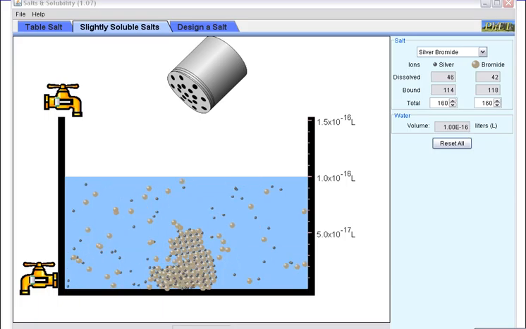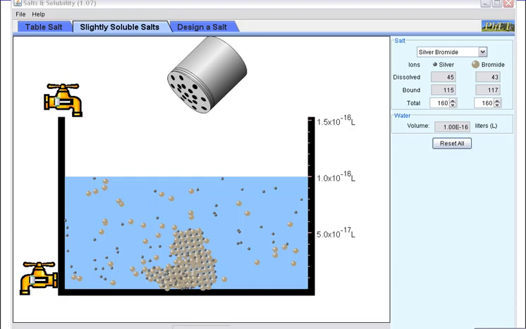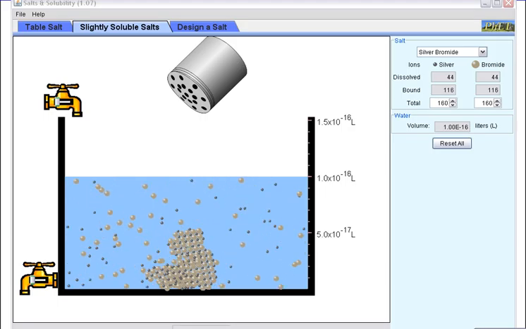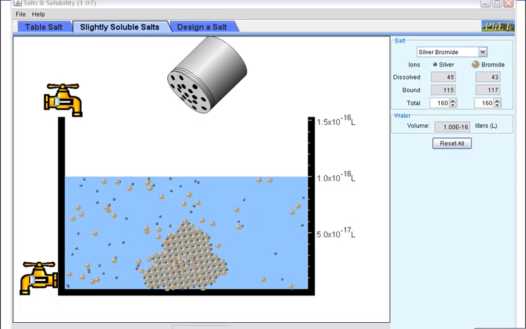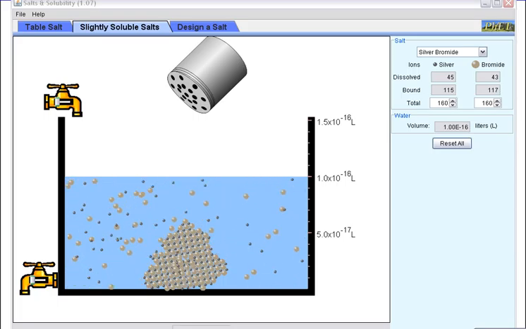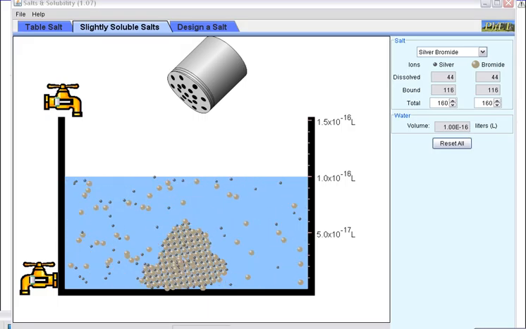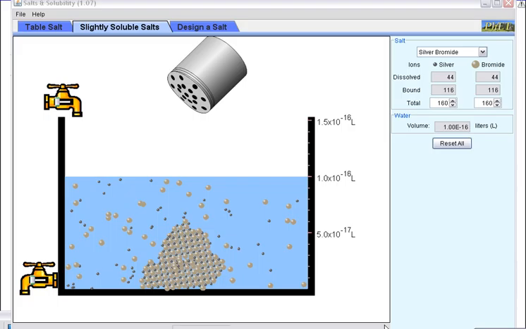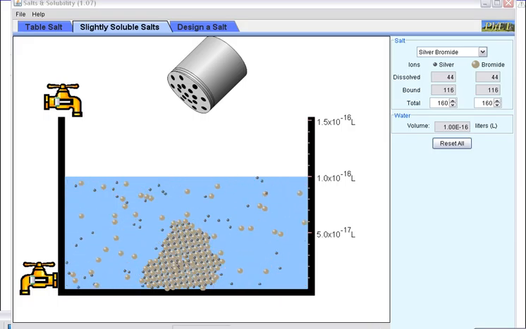This is when the rate of ions colliding to form solid equals the rate at which the solid is undergoing hydration to form ions. And since we're at equilibrium, we can write an equilibrium constant for this reaction. So for this, I have silver bromide dissolving into water.